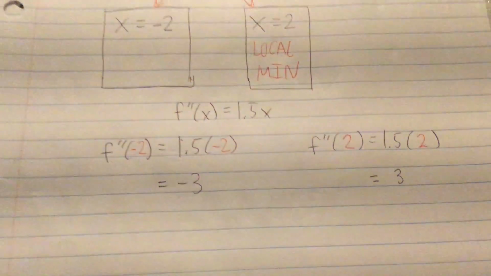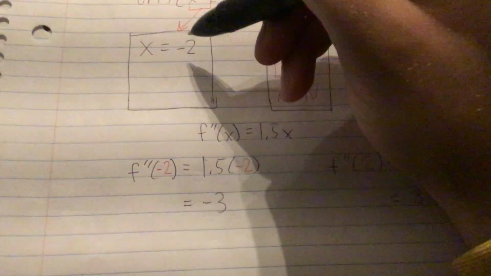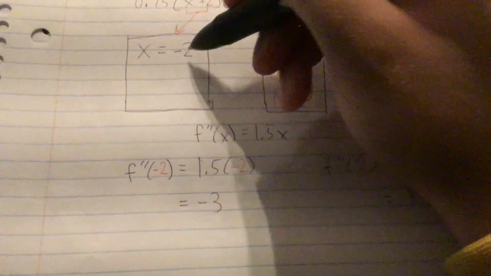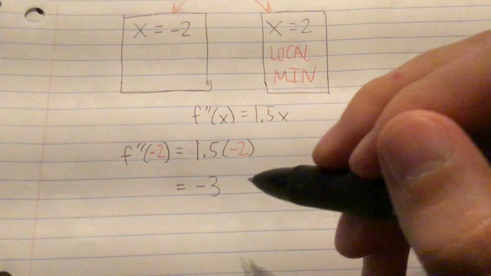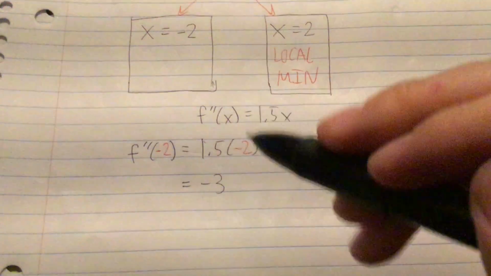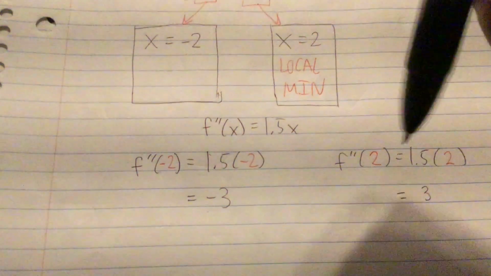I don't really care so much about the 3, but I do care about that negative. So x equals negative 2 has a horizontal tangent line, and it's about to go down. If it has a horizontal tangent line and then goes down, those are the properties of a local max.